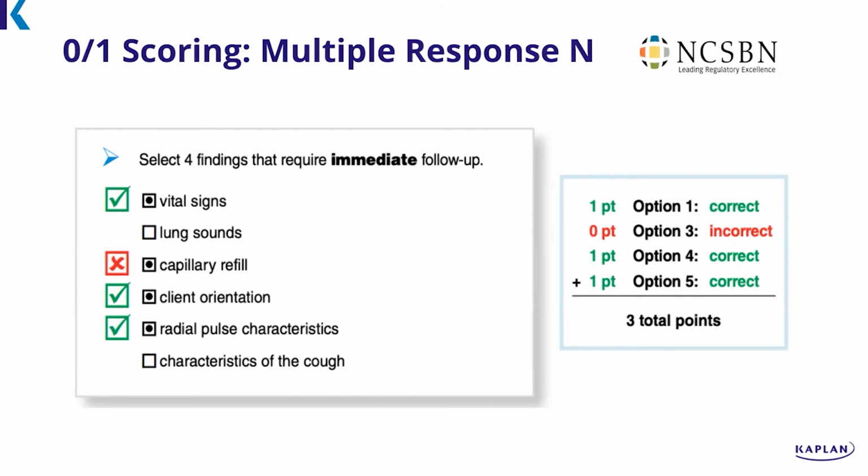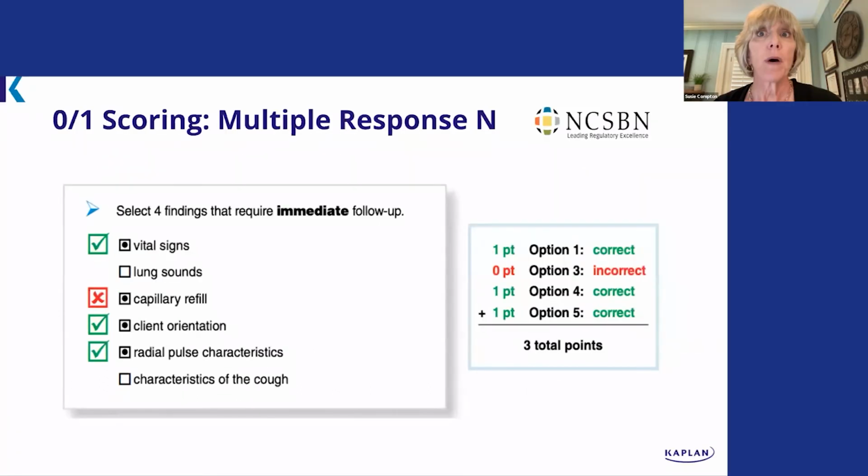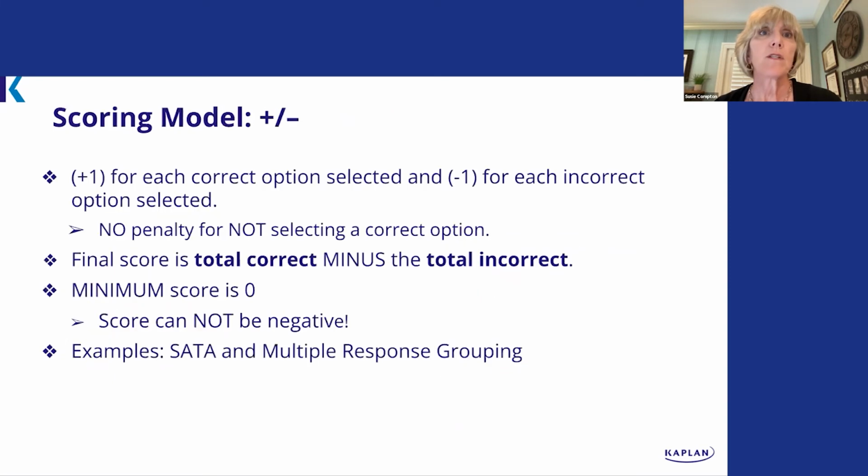You will not receive points for incorrect answers, but you will also not have points deducted for incorrect answers. In this example, 3 answers chosen were correct and 1 was incorrect, so the student received 3 out of 4 points.